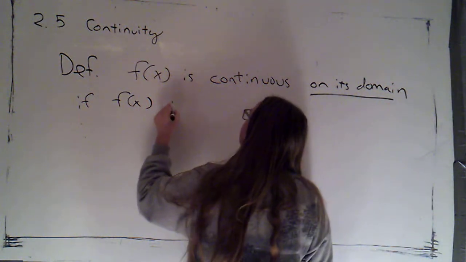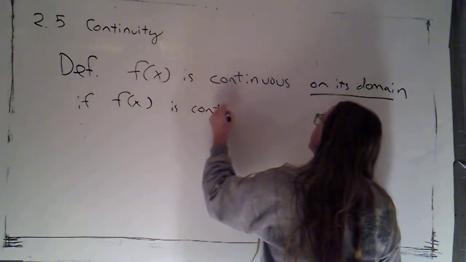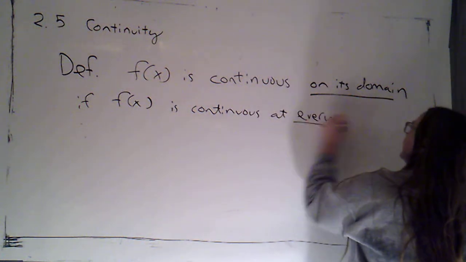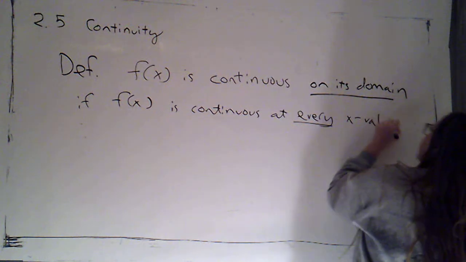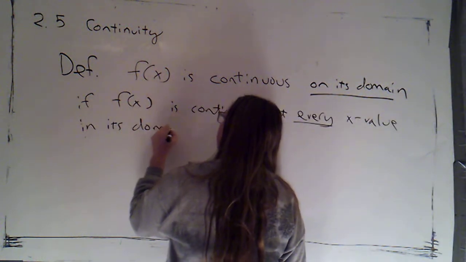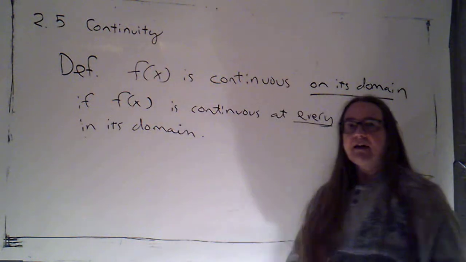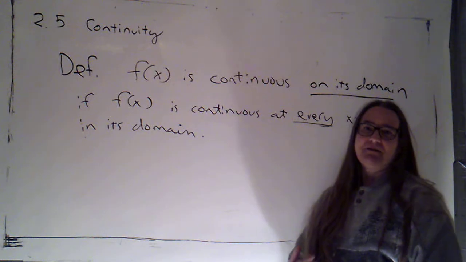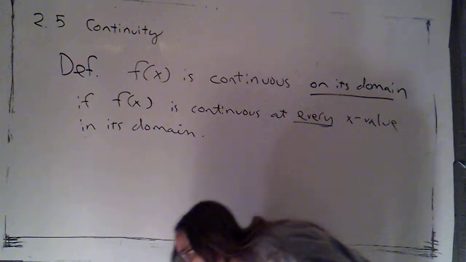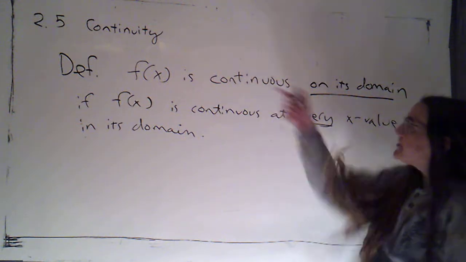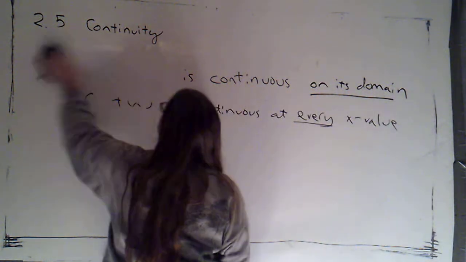So if f of x is continuous at every x value in its domain. So that at every point in the domain, we get what we expect. The function value and the limit are the same. All right, so that's what continuity is.